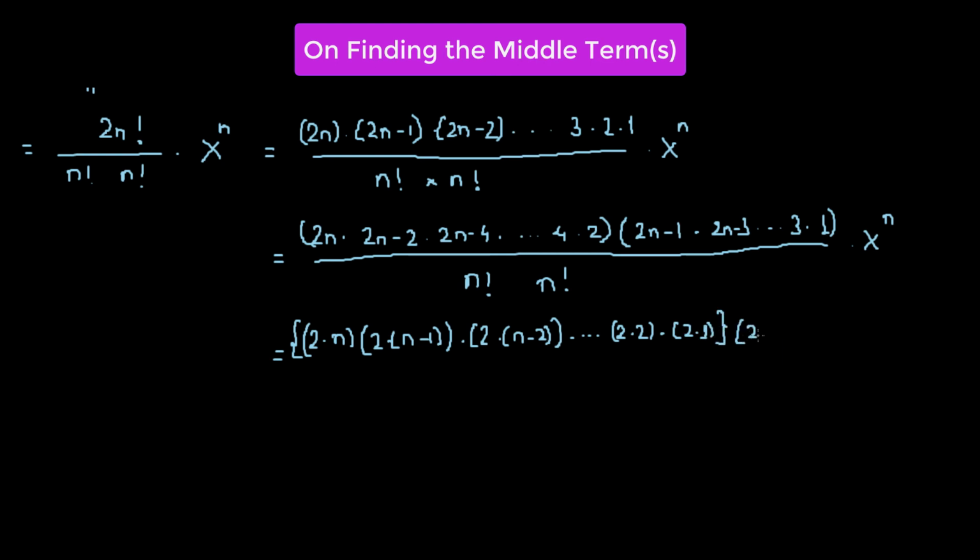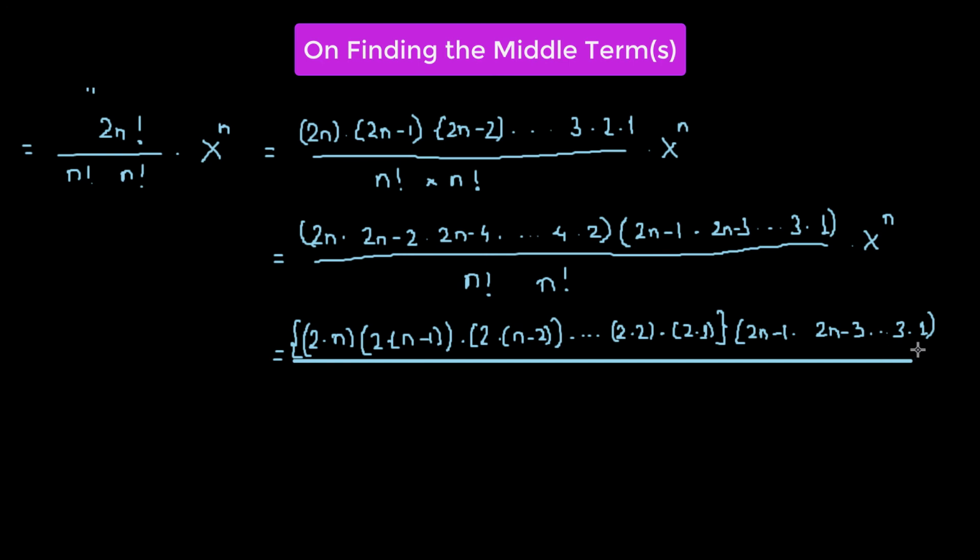And we leave the odd terms the way they are: 2n minus 1, 2n minus 3, up to 1. The whole thing is divided by n factorial times n factorial, and the entire thing is multiplied by x raised to the power of n.